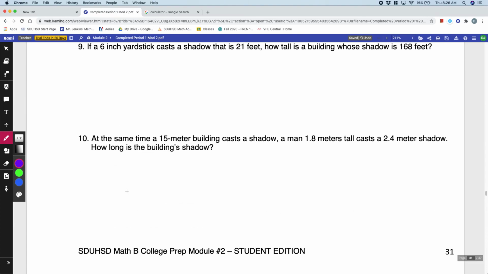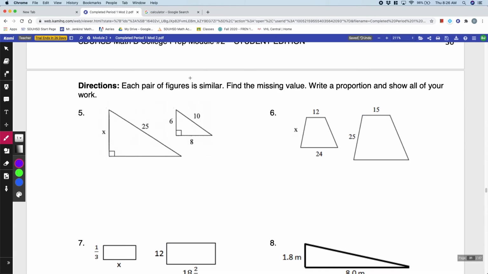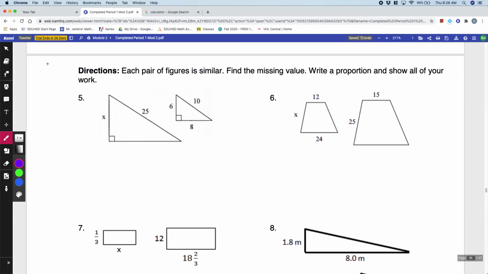All right, so let's go ahead. We have just a handful of more questions here. Now, I am going to figure out what a missing side is. What we're telling you now, guys, is this does have a same scale factor. Some of you might be able to identify what the scale factor is just by looking at it, and others of us might need a little bit more extra time. So let's go ahead and look at this together.